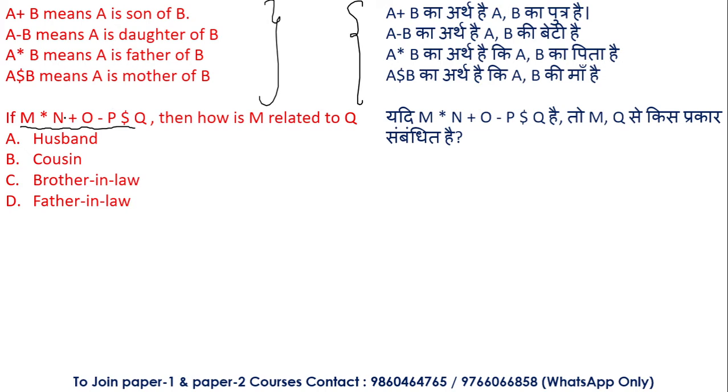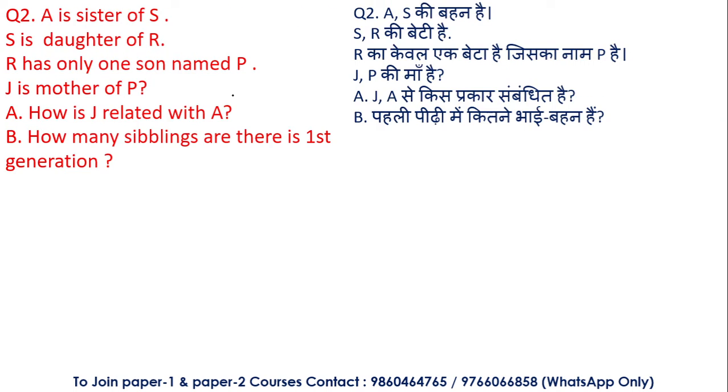The question asked and the data given are interlinked in the sense that we have to relate the relation based upon the data. If you are not able to understand, we'll understand in detail in an upcoming lecture. Just understand that for your convenience, as well as for my teaching convenience, I have divided the blood relation questions into two categories.